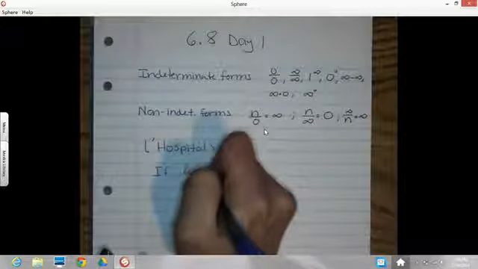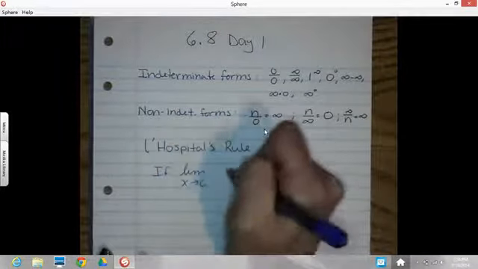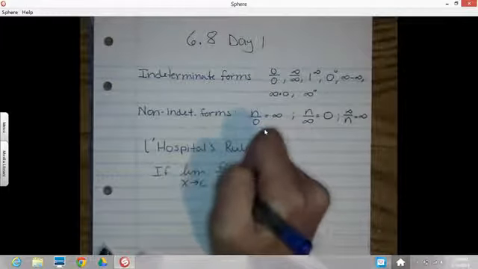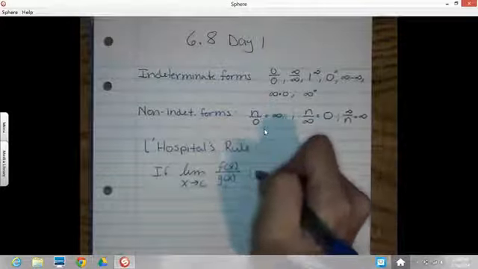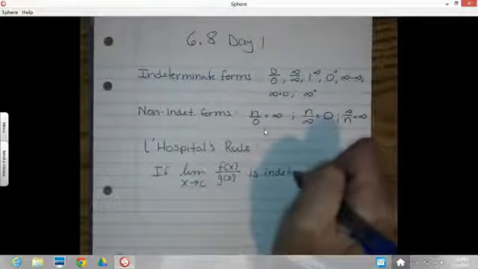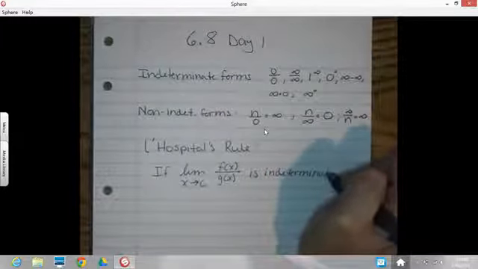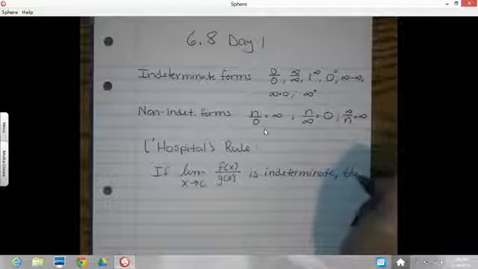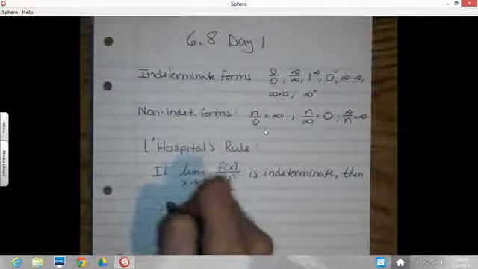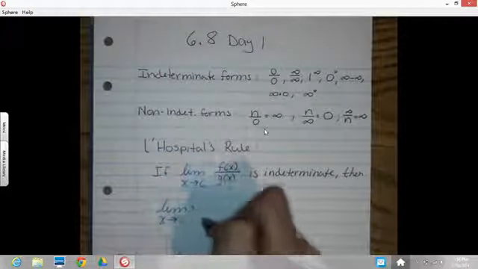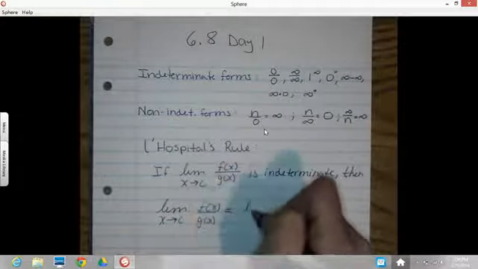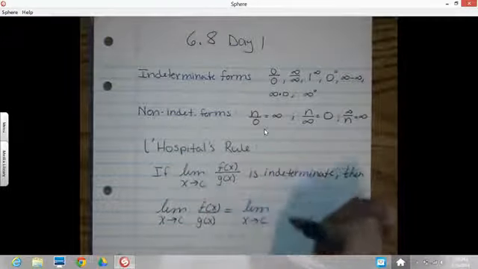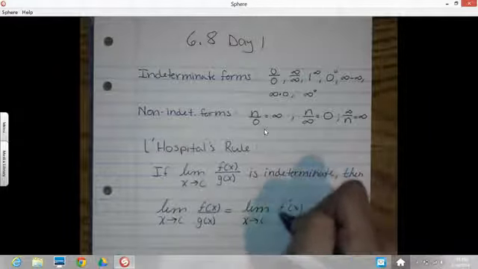And what he said was, if the limit as x approaches c of a function divided by another function, so you have a fraction, if this takes on an indeterminate form, if the limit is indeterminate, then this limit as x approaches c of f of x over g of x will equal the same limit as x approaches the same c of f prime of x over g prime of x.